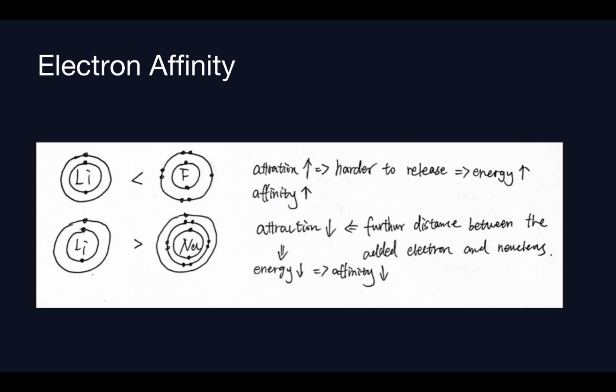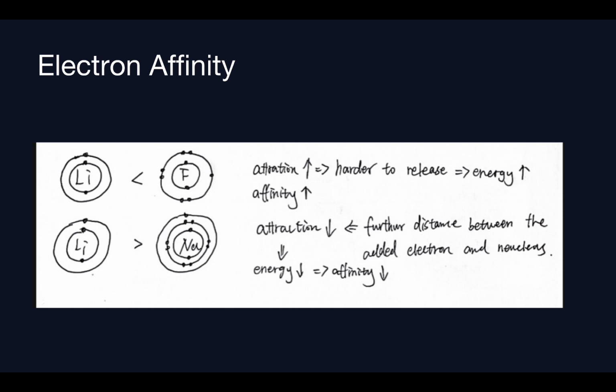And by telling you the concept of ionizing energy, it is like breaking a bond, right? So it needs to absorb energy. While electron affinity is actually adding electrons, so it's creating an attraction. It's a formation of attraction, which you can simply equate to the forming of a bond.